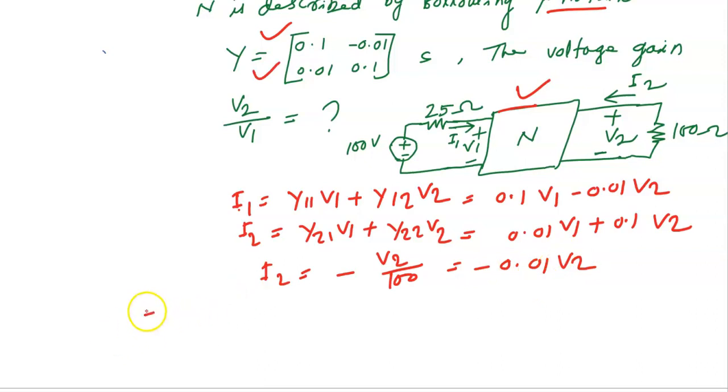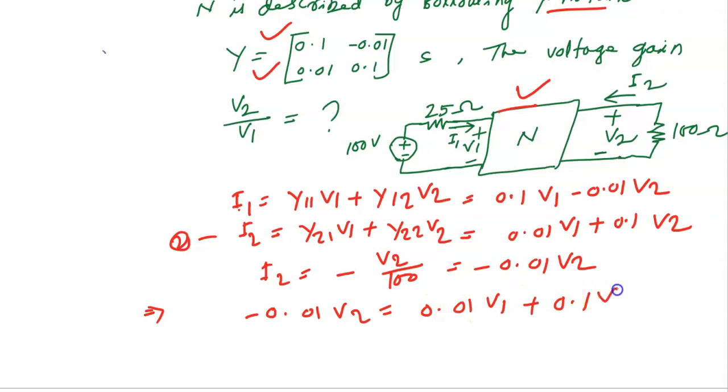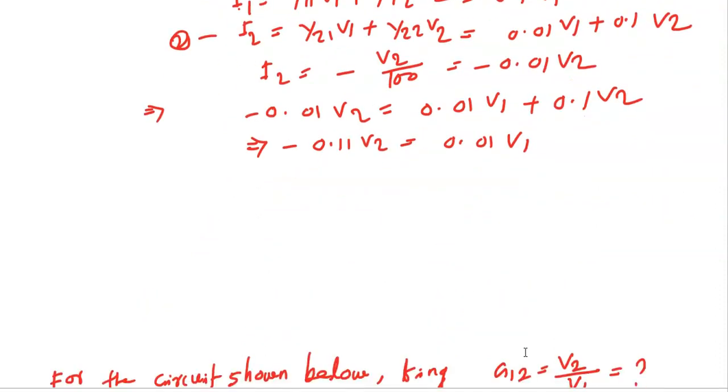So put this value of I2 in equation 2, that is, minus 0.01 V2 is equal to 0.01 V1 plus 0.1 V2, which gives you minus 0.11 V2 is equal to 0.01 V1, and finally you get V2 upon V1, as per the question, that is minus 0.01 upon 0.11, which is minus 1 upon 11.